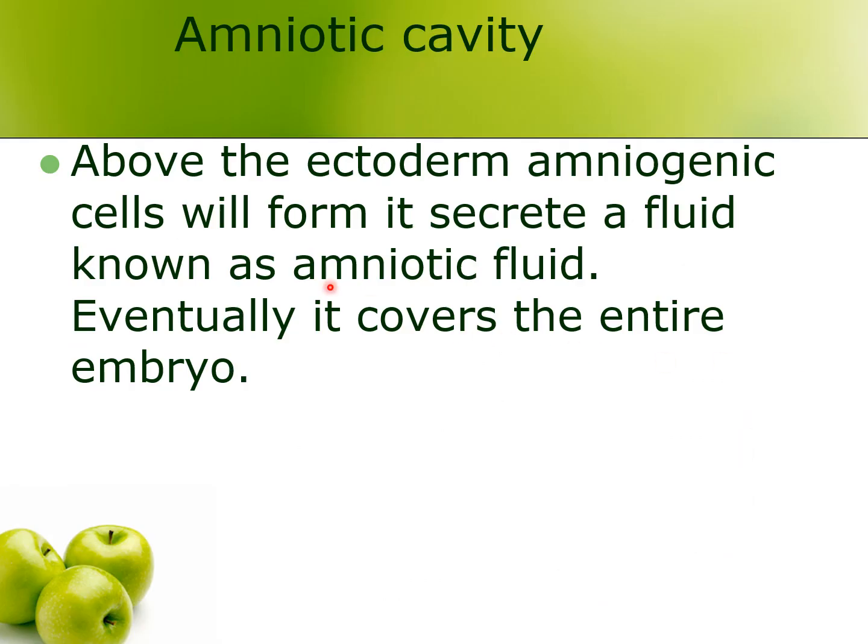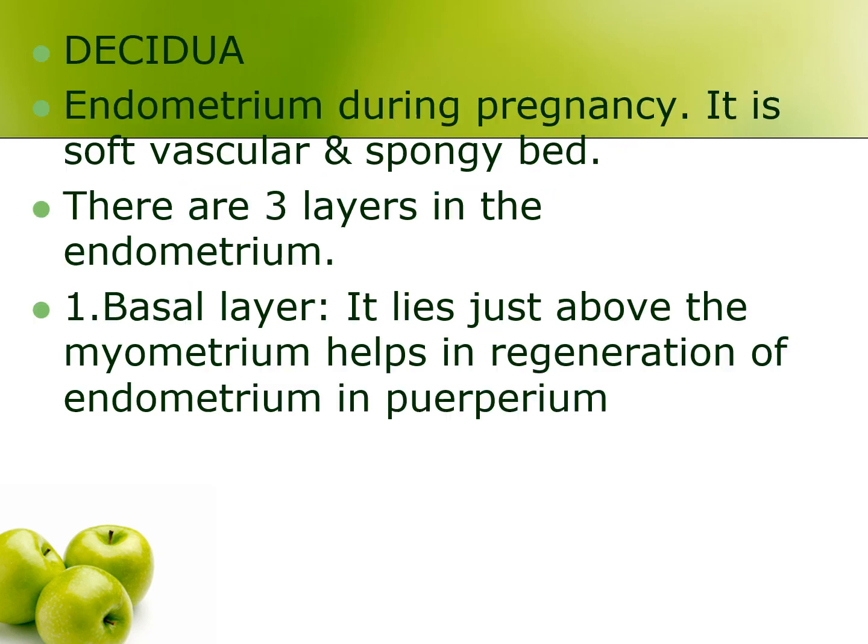That is, above the ectoderm, the cells of the ectoderm will differentiate and become amniogenic cells, and these amniogenic cells will secrete the amniotic fluid. Eventually it will cover the entire embryo, that is the amniotic cavity.